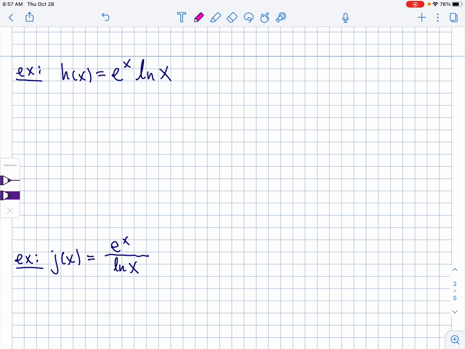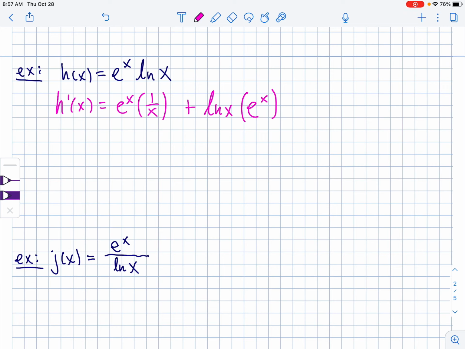Now, a slightly more involved problem, e to the x times ln of x. This is a product rule, which is first d second plus second d first. So h prime of x is first, and then d second, the derivative of ln x is 1 over x, plus second d first, which the derivative of e to the x is just e to the x.